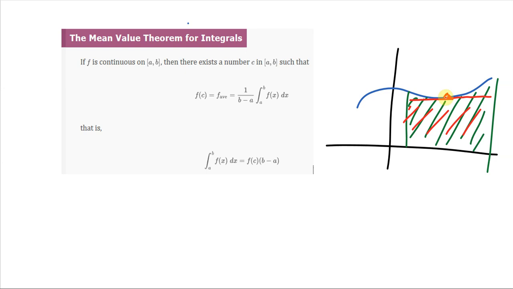And that spot would be the average value of the function.